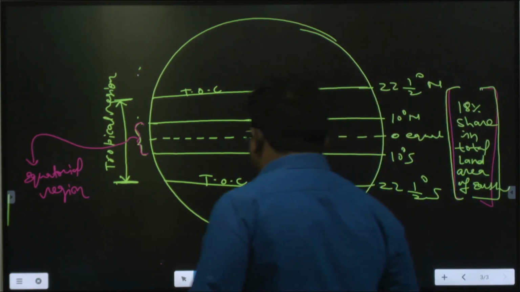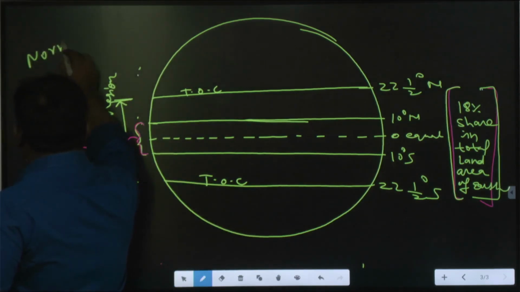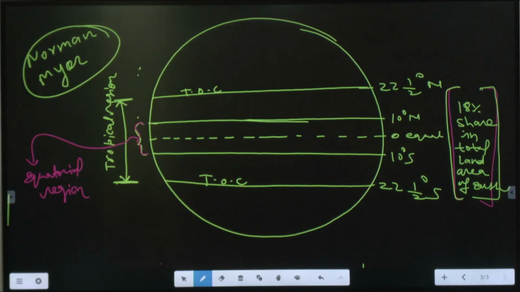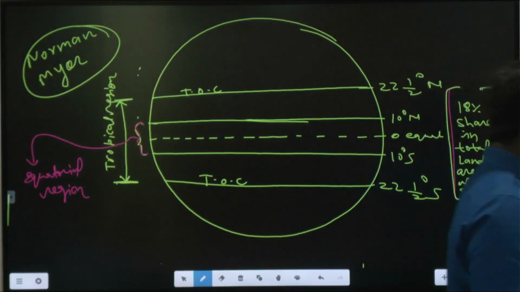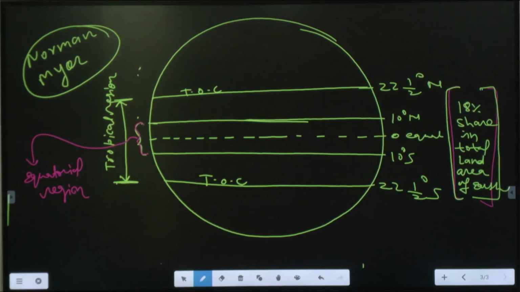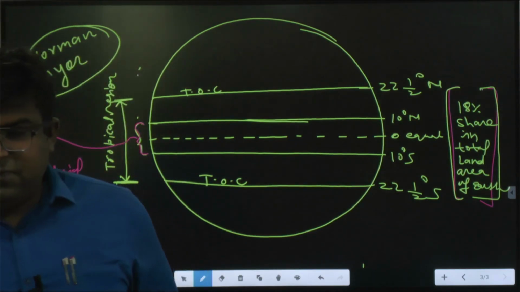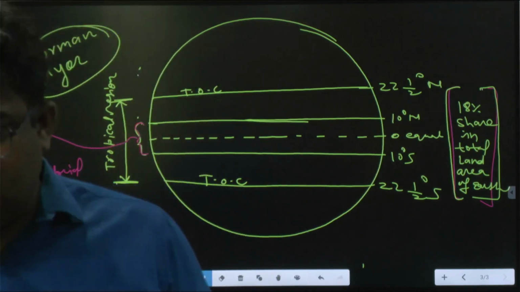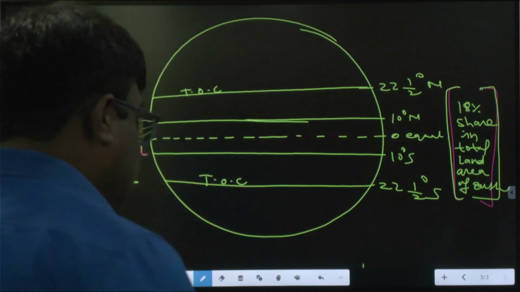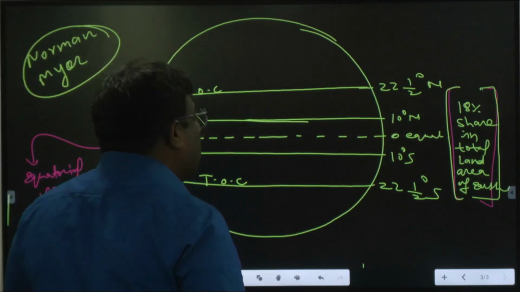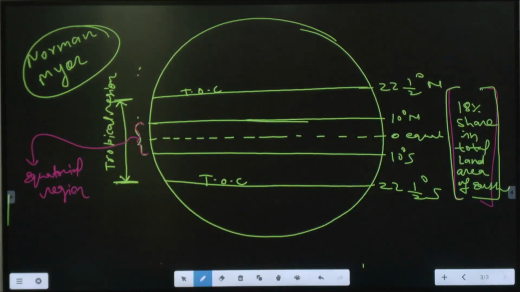The concept of biodiversity hotspot was introduced by Norman Myers and Conservation International Agency work for identification and protection of these hotspots.